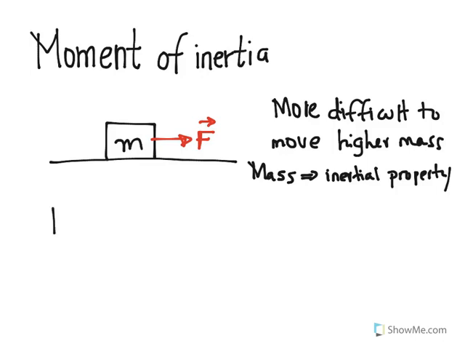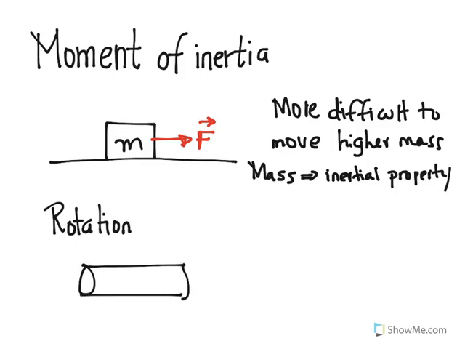When talking about rotation, the inertial property, which means the more of this inertial property, the more difficult it is to change its state of motion, is also dependent on the mass, but also on the radius.